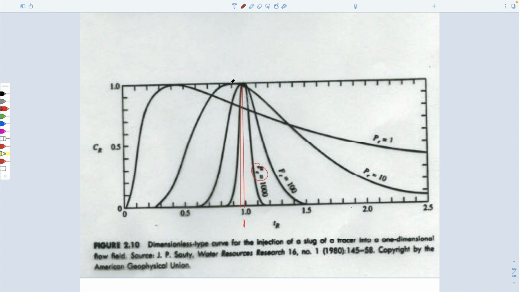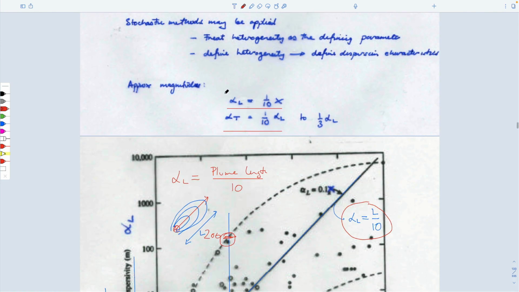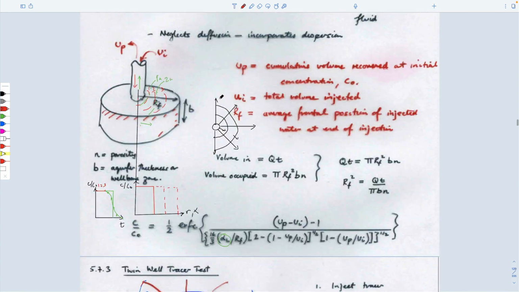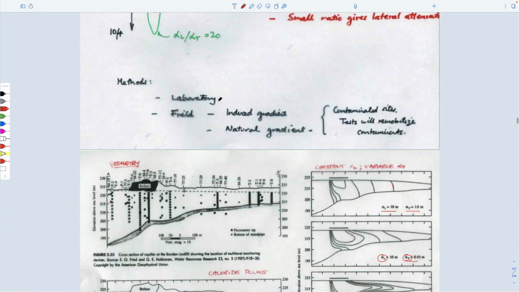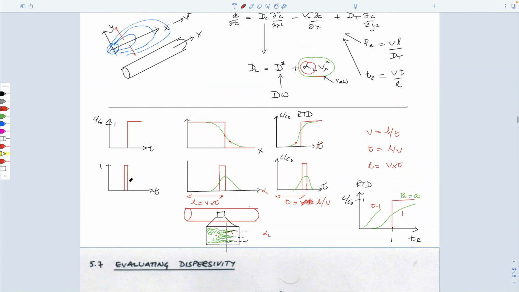You see that they all go through a relative concentration C over C0 equal to 1. This is not the Courant number that I talked about, and this is just scaled for the maximum value. You realize that it can't be equal to the upstream value for the reasons that we talked about here, is that the area under this curve has to be a measure of the mass of solute in the plume.